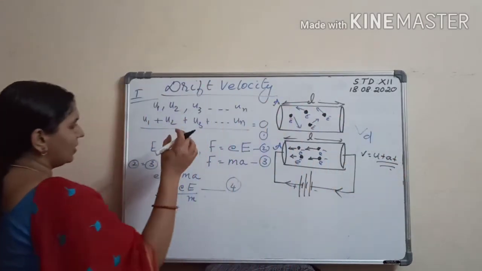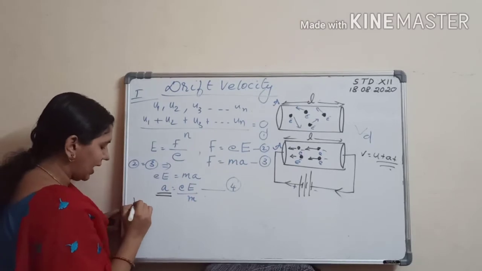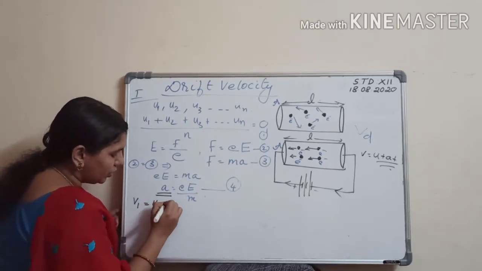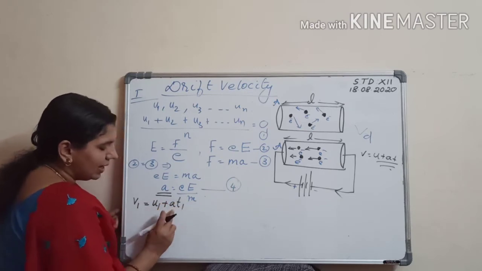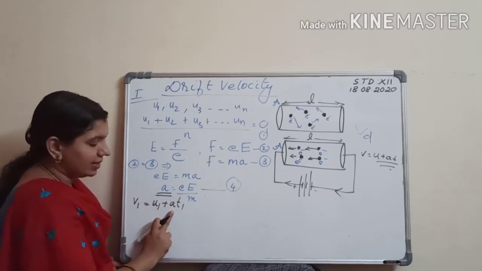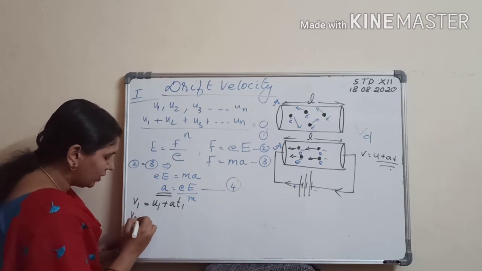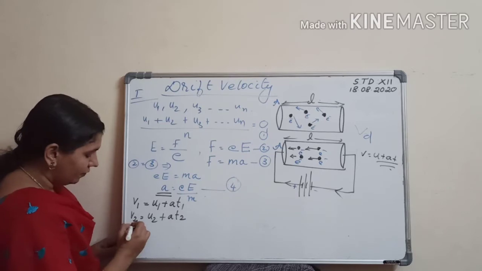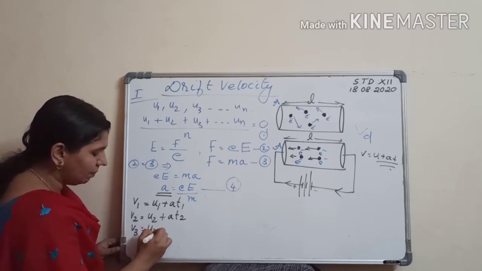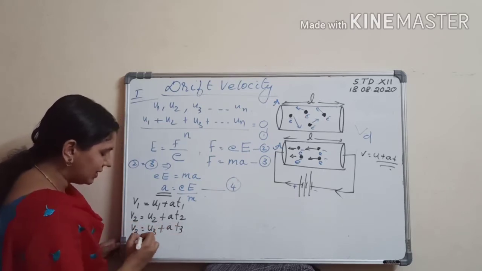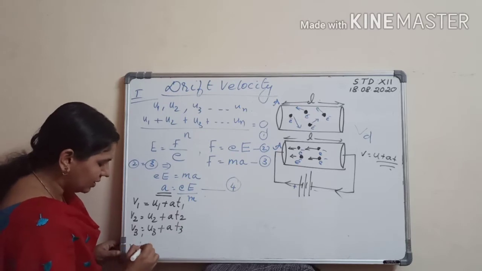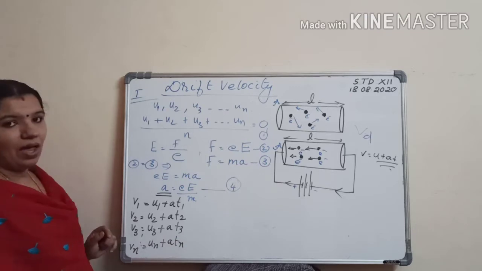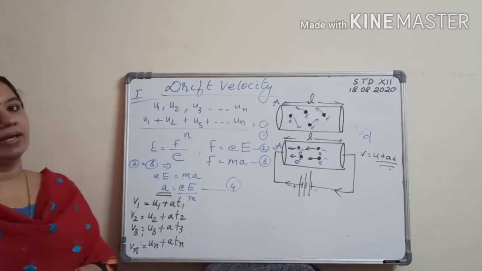So for the first electron, I can write the final velocity v1 equal to u1 plus at1. a is a constant, no? Constant acceleration. Next v2 is equal to u2 plus at2. v3 is u3 plus at3, and so on up to vn equal to un plus atn. In this way, I can write the expressions for final velocities.